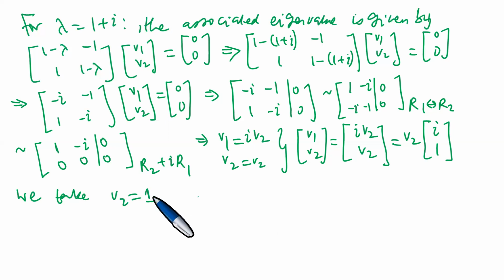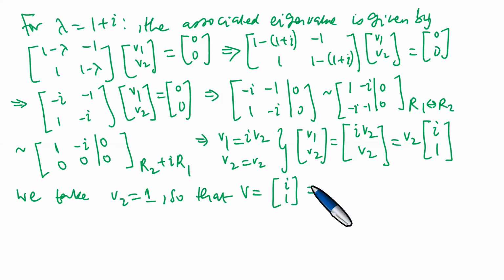It means therefore that if this is 1, then you have i, 1. That is an eigenvector.